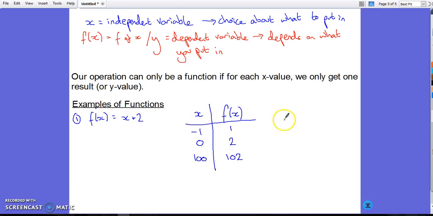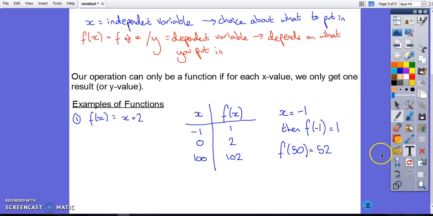An alternative way of writing this, if I say x is equal to -1, then f of -1, so the function as applied to -1, is equal to 1. Similarly, f of 50 is equal to 52. This is an alternative way of writing this. So I could write it in table form, or I could just write it like this by putting in what I want for x between those two brackets.